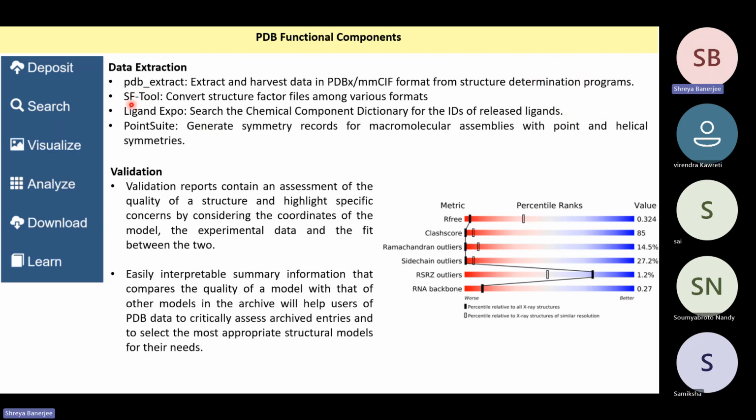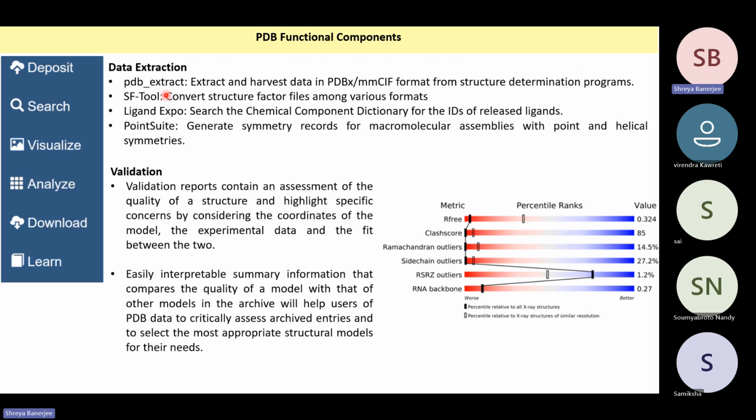Then you have a tool called SF tool, which converts the structure factor file into various formats. If you remember, during X-ray crystallography we discussed structure factor, which determines the orientation of the molecule in the crystal. Using this tool, you can convert the structure factor file into the format you need.